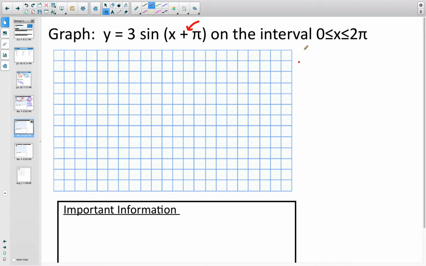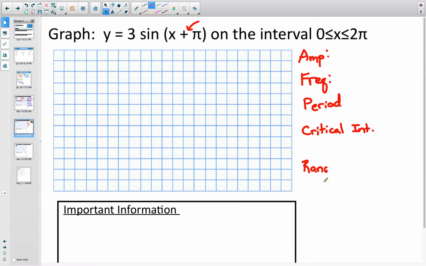Again, let's get our important information, our amplitude, frequency, period, critical intervals, and I'm going to add range here. Our amplitude is 3.